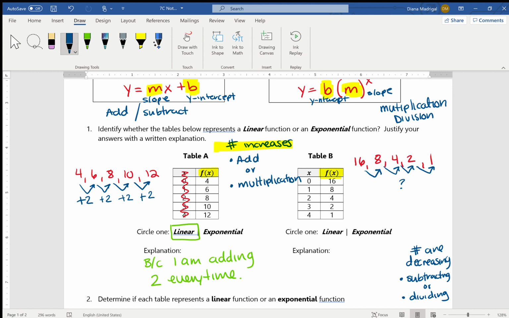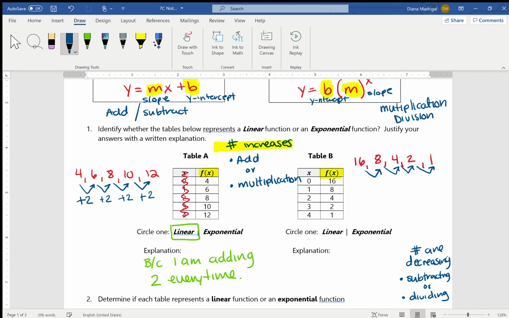If I subtract, I do 16 minus 8 so I can find the difference. 16 minus 8 gives me 8. That means I'm subtracting 8. If that is the number I'm doing for the first one, then I have to do the same for the others. 8 minus 8 has to give me 4. Well, we know that 8 minus 8 gives me 0. So I know that I'm not going to be subtracting.